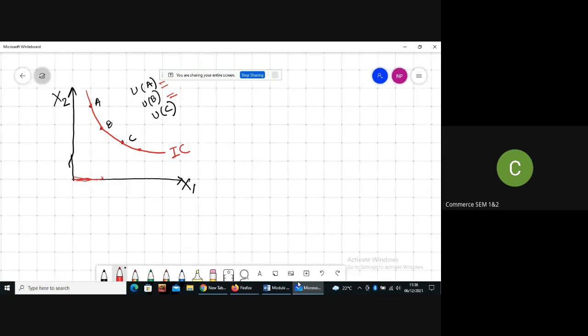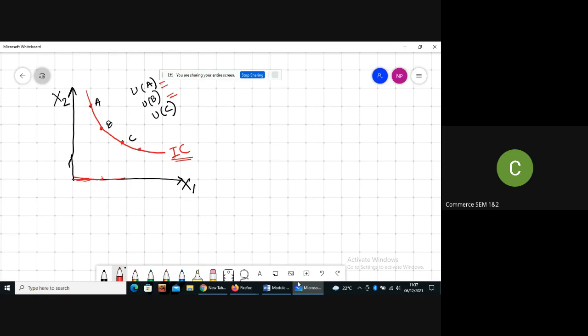Similarly, point C means this much X1 and this much X2. So what I am saying is that if the consumer derives exactly the same amount of utility from these different points, then if we join a curve through these points, we call this curve an indifference curve or IC.